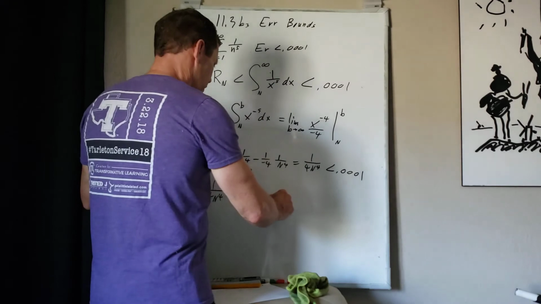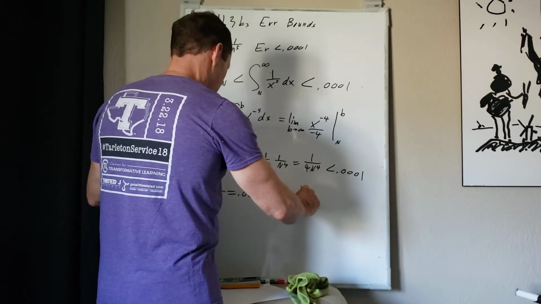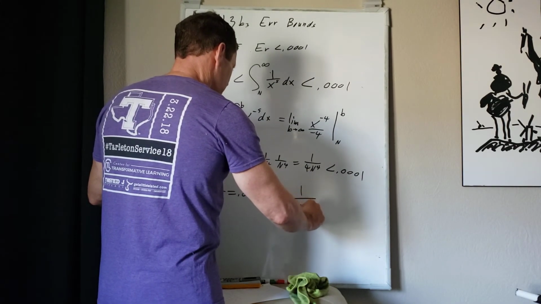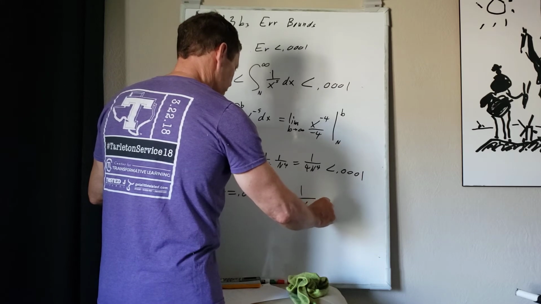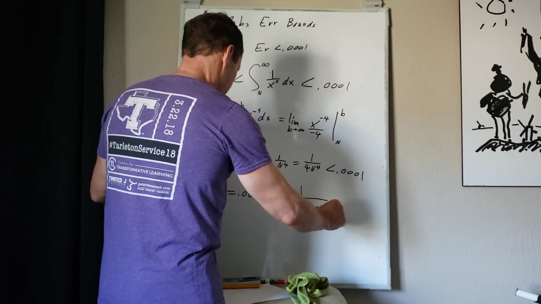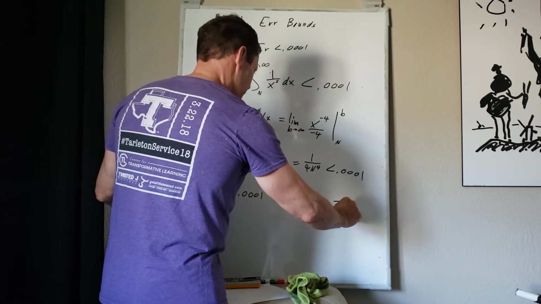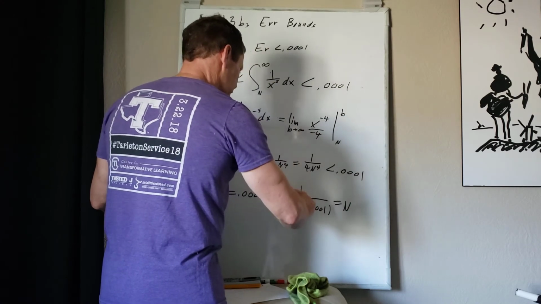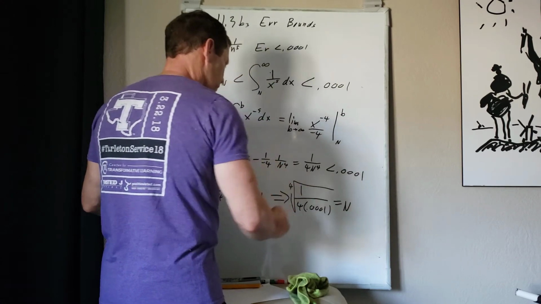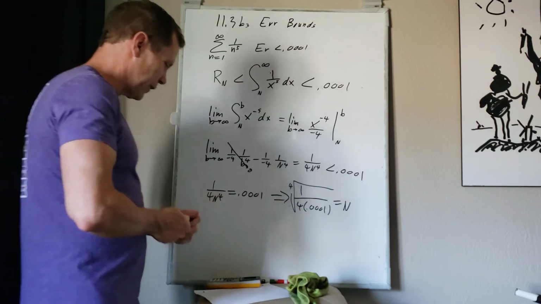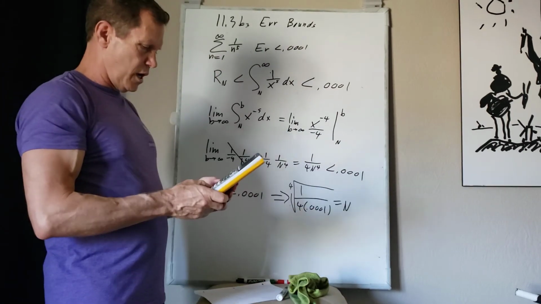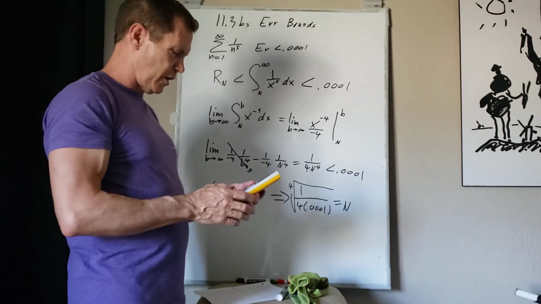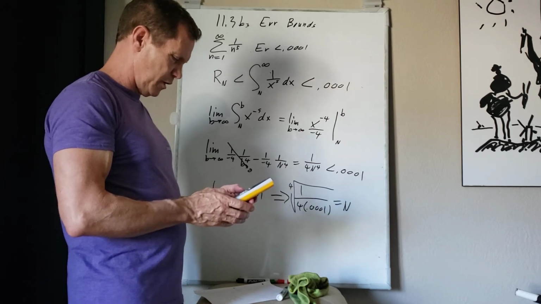So when I do that, I get 1 over 4 times 0.0001 is equal to N to the fourth, and I'm just going to take a fourth root of both sides. Okay, I'm plugging that into a calculator and hope I can do it right. I like being in class and having y'all help me out because I screw up all the time here.